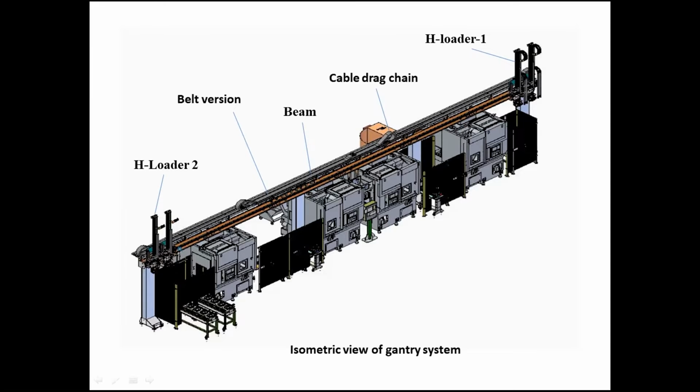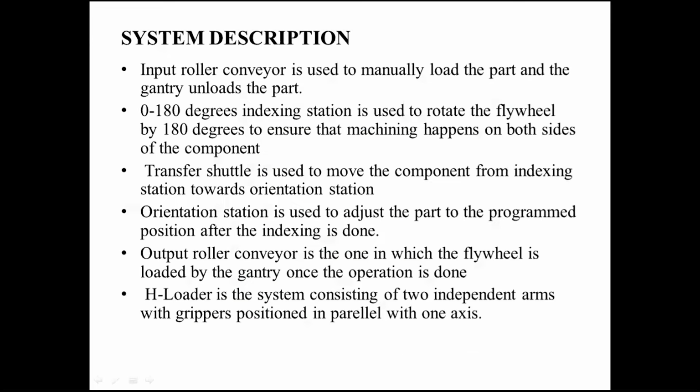This is the system description which I told you now. The input roller conveyor is used to manually load the part, and the gantry unloads the part. The 0 to 180-degree indexing station is used to rotate the flywheel by 180 degrees to ensure that machining happens on both sides of the component.